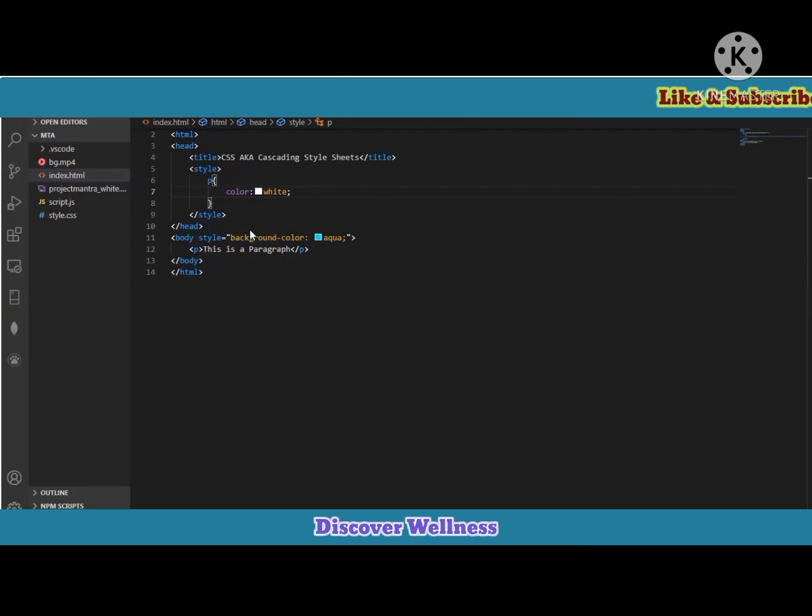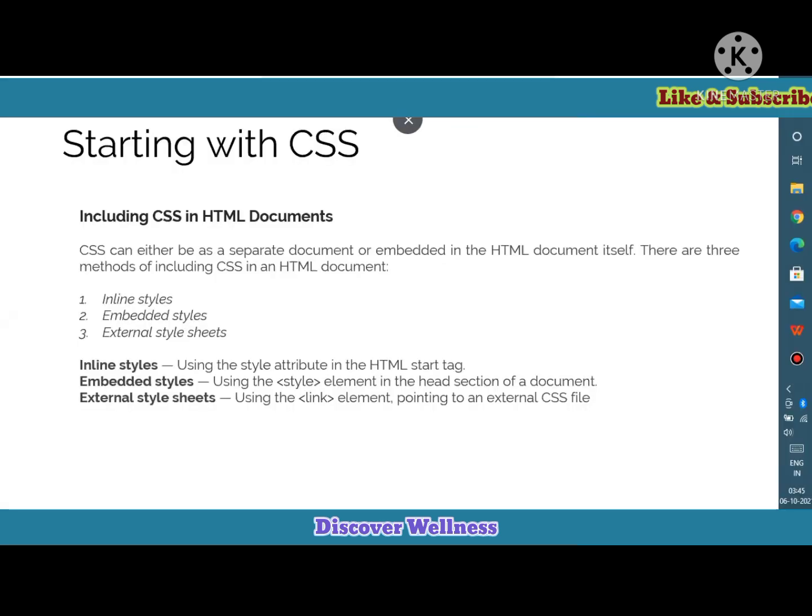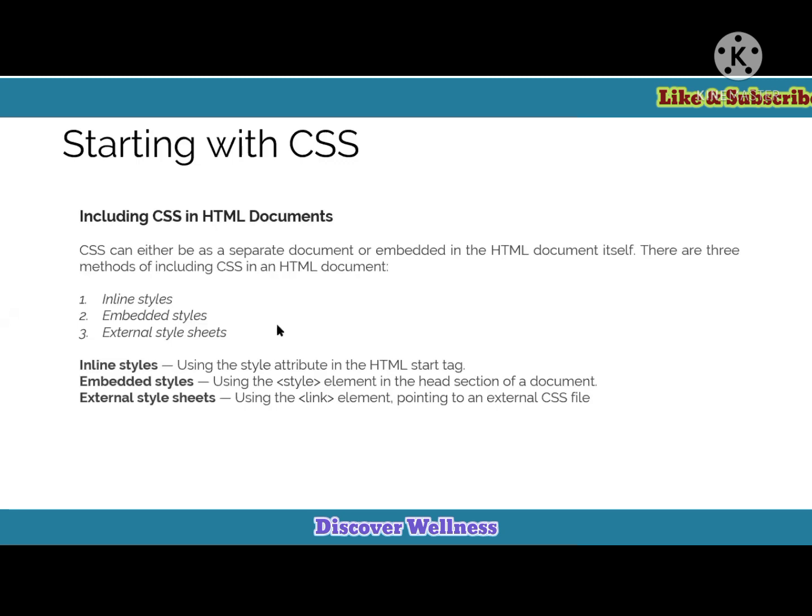So let us try to change this color. And there we have it. So we have added a paragraph by using embedded styles. The third way is utilizing external style sheets.